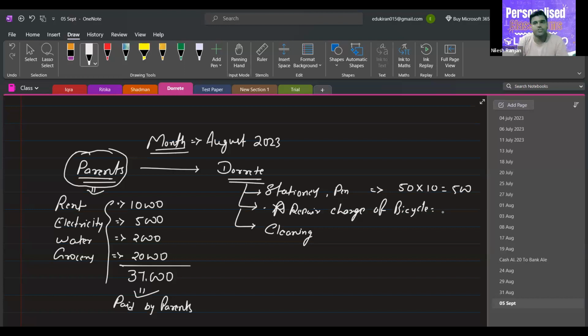Repair charge of bicycle, in a month you have repaired your bicycle 4 times, and the expense for each repair is 20 rupees, so it is 80 rupees. Cleaning is 80 rupees each time, and in a month you have done cleaning 4 times, so it is 320 rupees. Okay, so total expenses is 900.